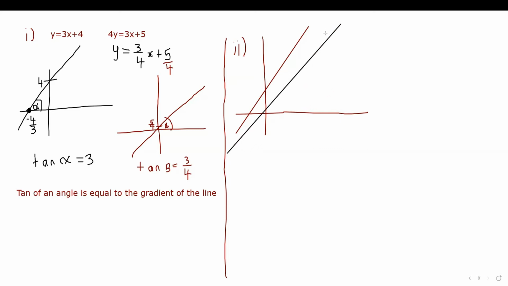I want to make it look something like this. So let me fix the first line a little bit. All right, let's say this is the first line and that's the second line, all right?